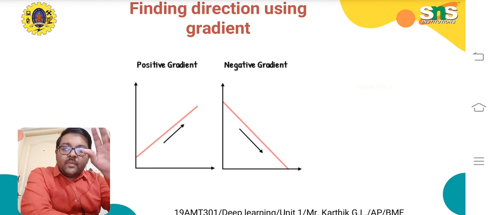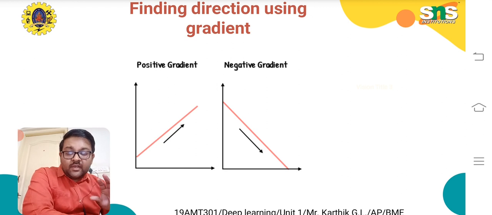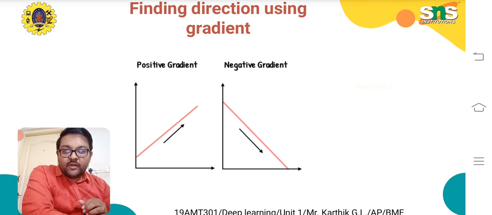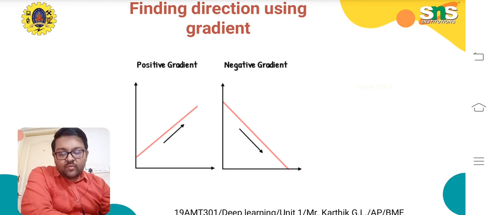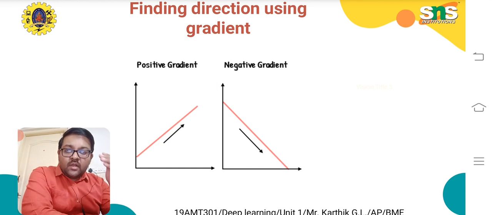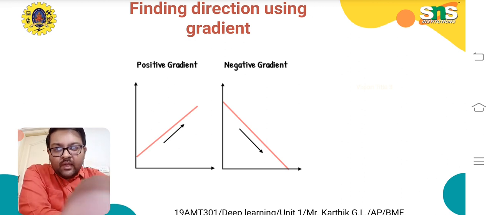We need to go up and then come down to find that low elevated point where we have to reside near the mountain. Likewise here we need to climb the curve and come down. For climbing the curve we use a positive gradient as shown in the figure. For coming down the curve to find the minimum point of the cost function, we use the negative gradient. So there are the positive gradient and the negative gradient.